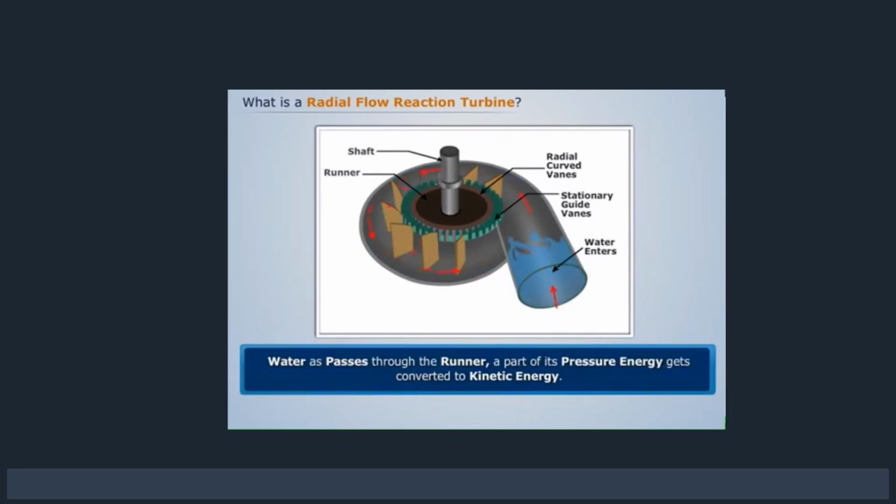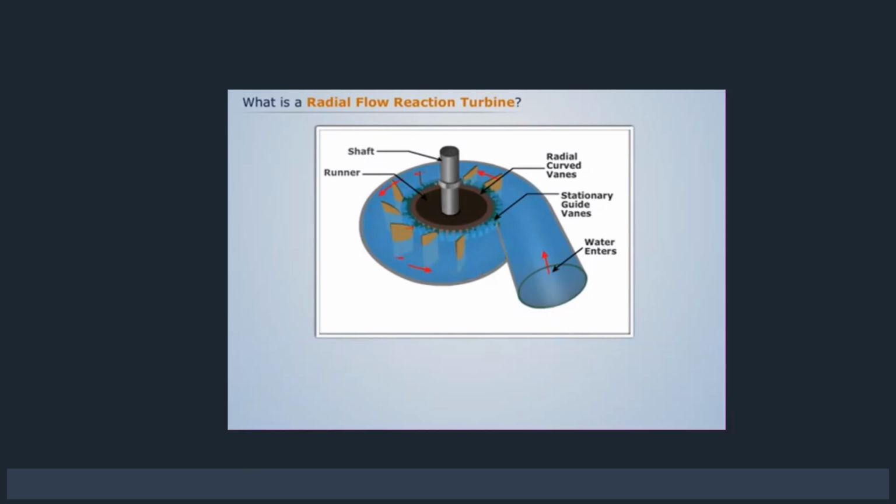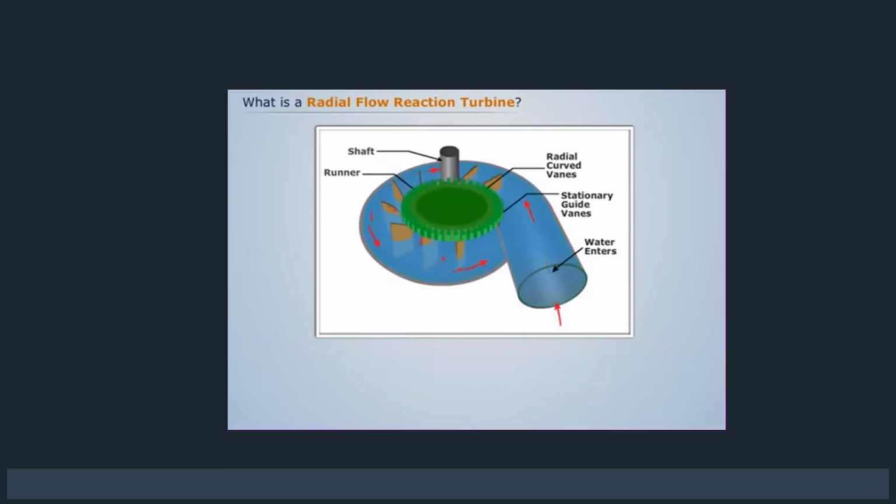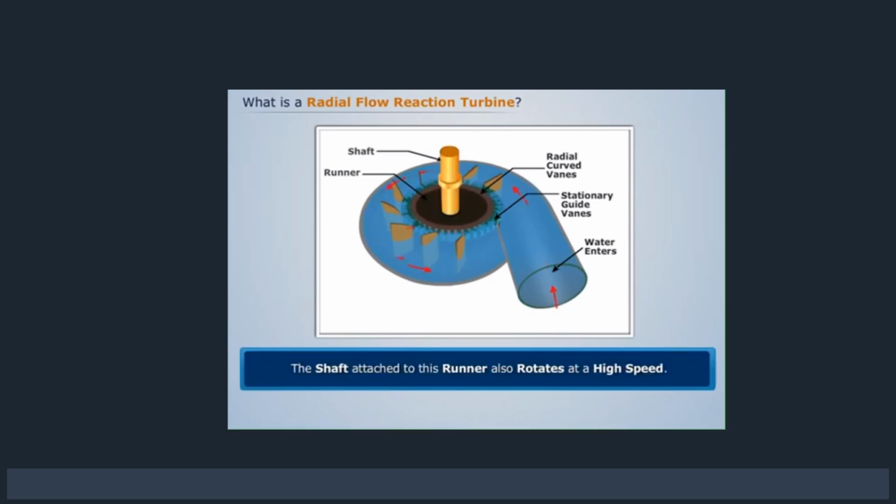Now as water passes through the runner, a part of its pressure energy gets converted to kinetic energy. Thus we can say that water inside the runner is under pressure. Due to this, the runner rotates at a high speed. As a result, the shaft attached to this runner also rotates at a high speed.